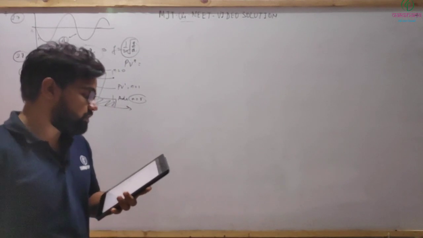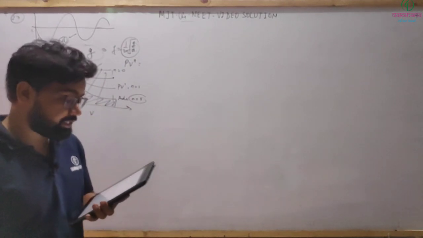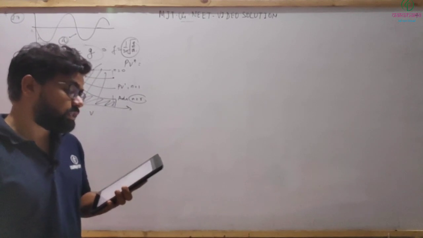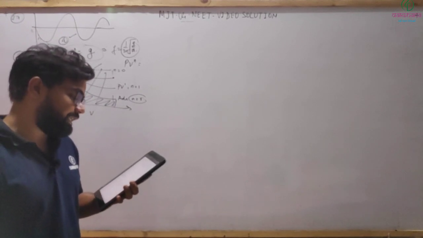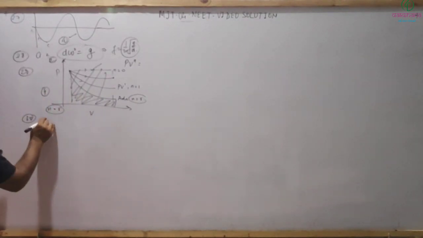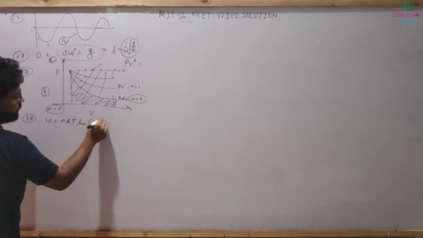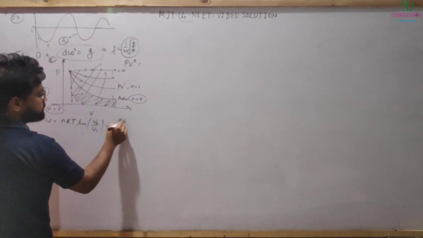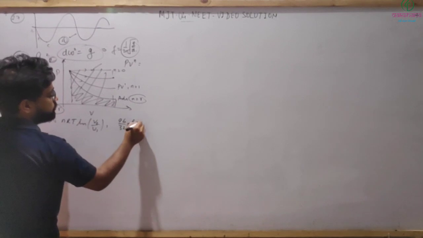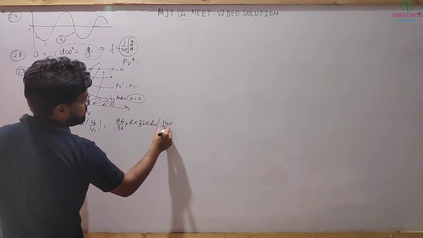Here, in an isothermal reversible expansion, if the volume of 96 gram of oxygen at 27 degrees Celsius is increased from 70 liter to 140 liter, then the work done by the gas will be, so work done is equal to nRT ln V2 by V1. N number of moles is 96 divided by 32, into R into T is 300, ln 140 divided by 70.